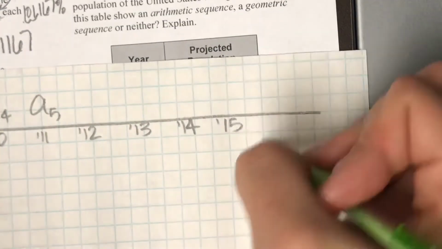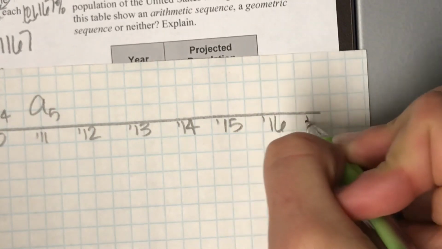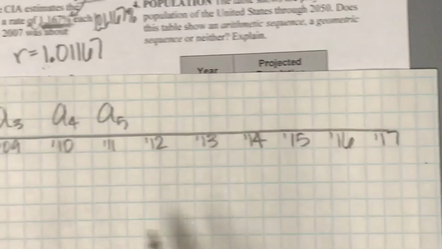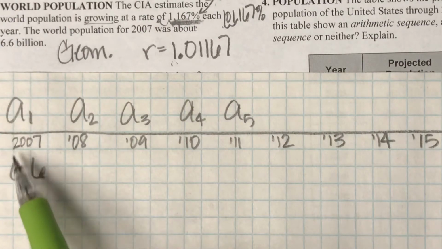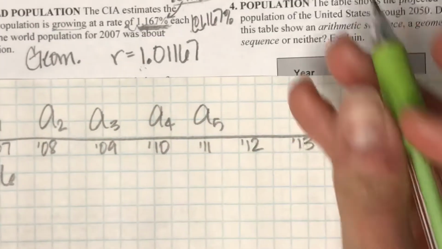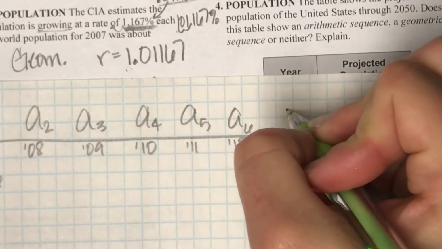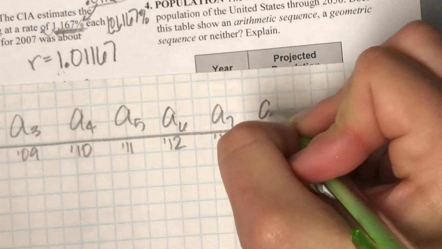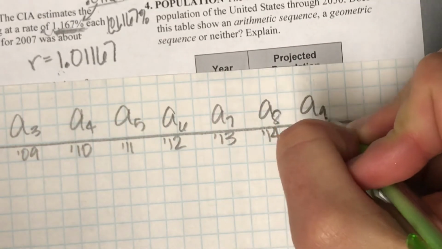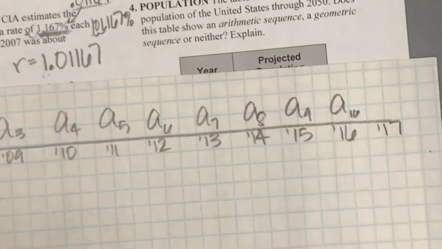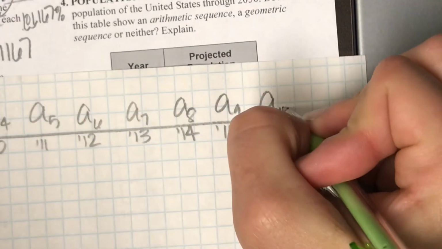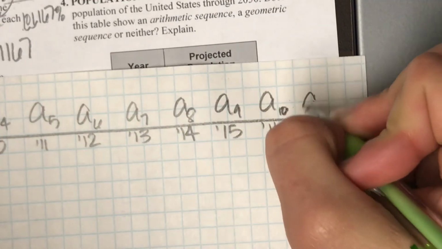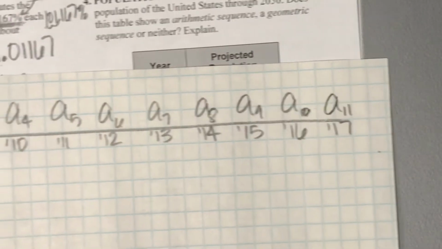I realize y'all can see what I'm writing. If I actually count what term that is, if 2007 is term 1, I'm going to keep going all the way out. A6, the 7th term, the 8th term, the 9th term, the 10th term. That would actually put 2017 as the 11th term.